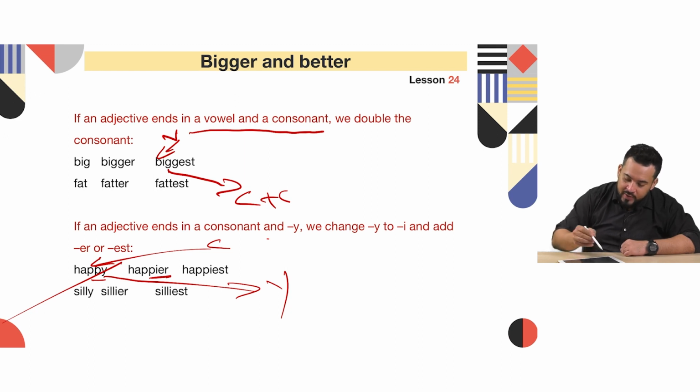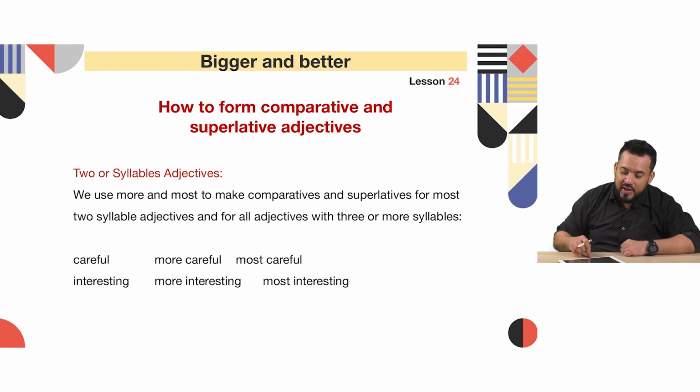So again, if we have a consonant and a Y at the end of the word, we remove the Y and we add IER or IEST, depending on if we're making a comparative adjective or a superlative adjective.